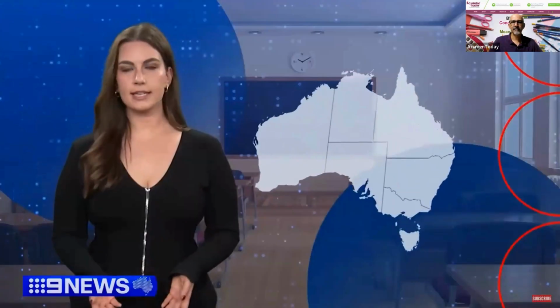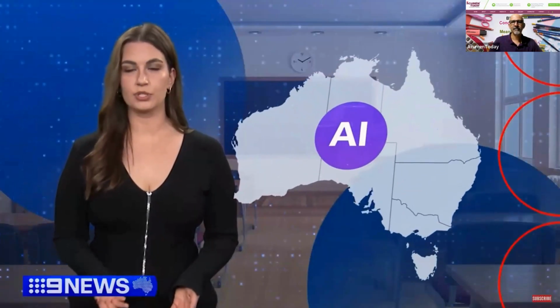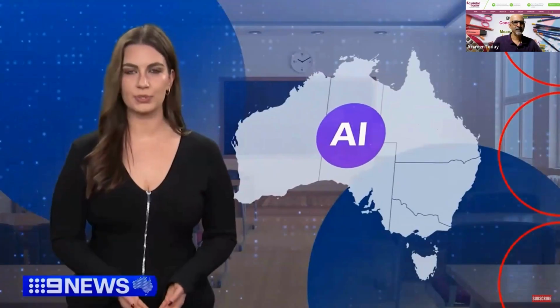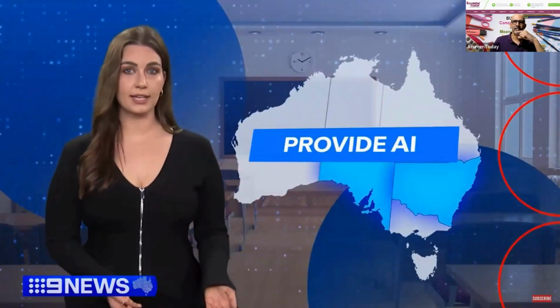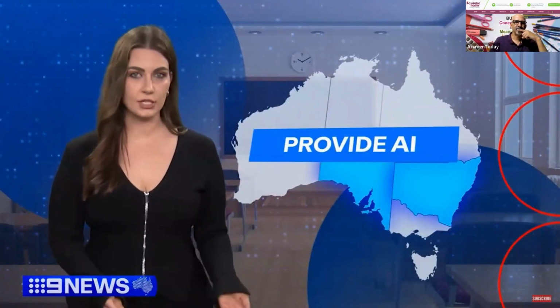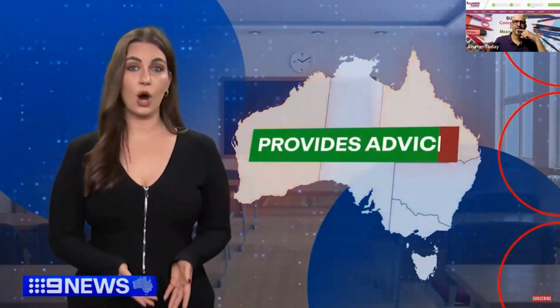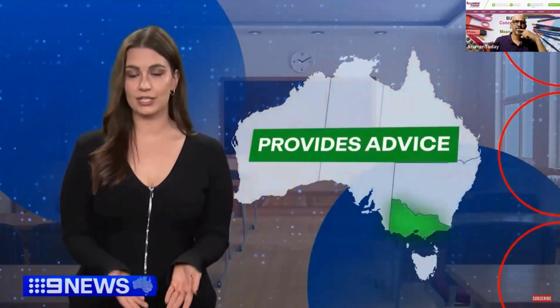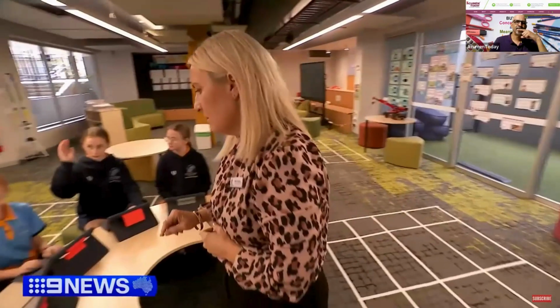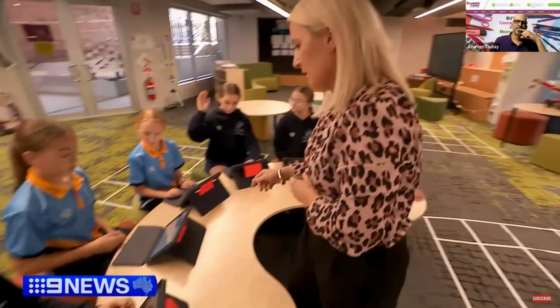The states and territories are at different stages when it comes to using AI in public schools. New South Wales and South Australia have tools available for all teachers, something Queensland and WA are still developing. Victoria only provides guidance to teachers about AI, while in Tasmania and the territories, AI isn't yet allowed in schools. The federal government being pushed to streamline the process.